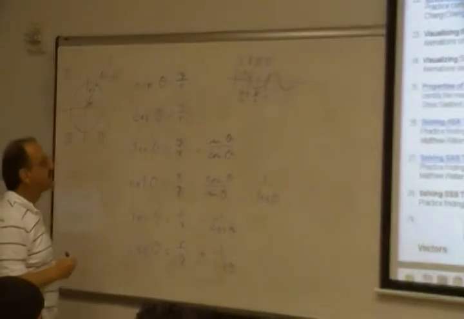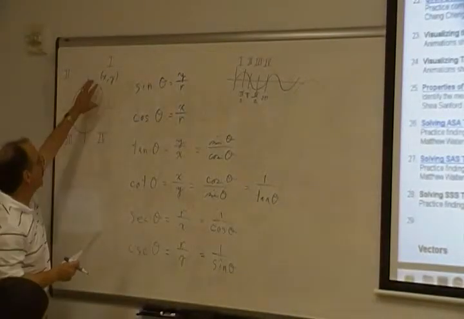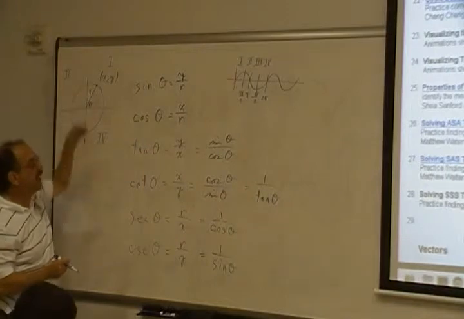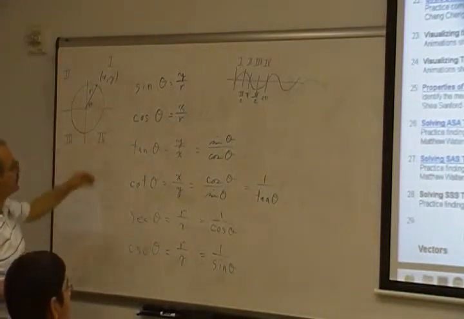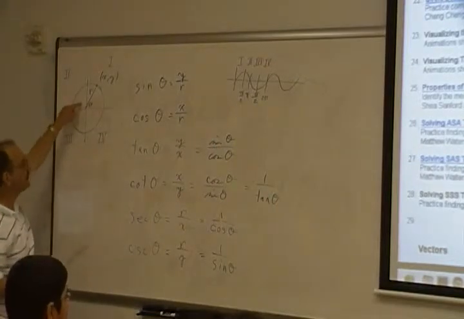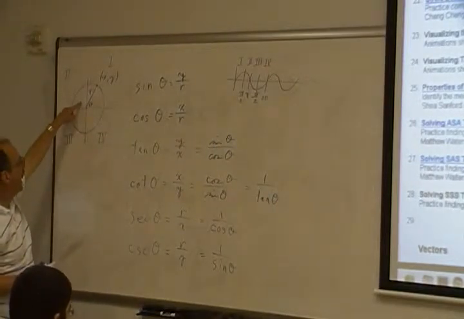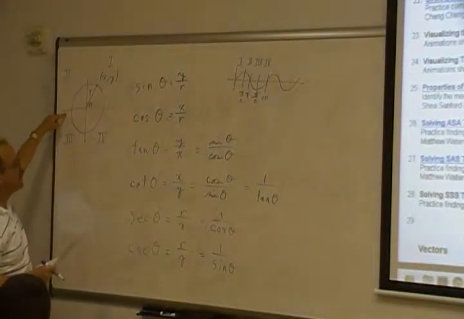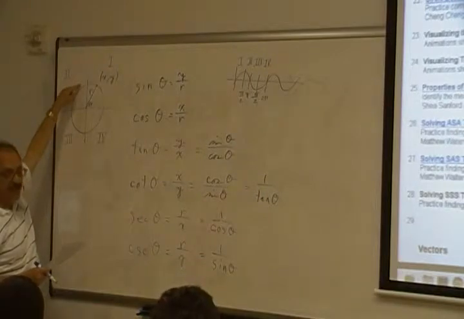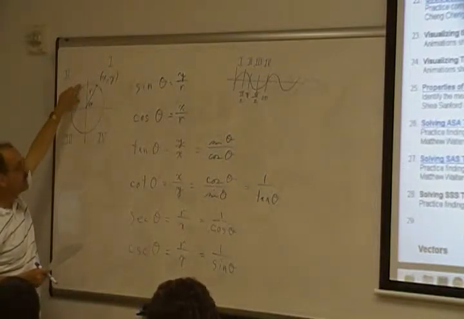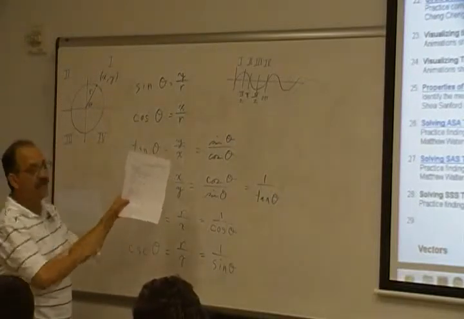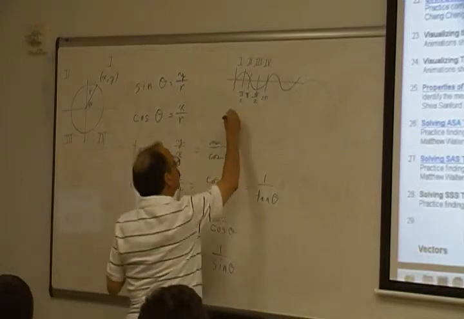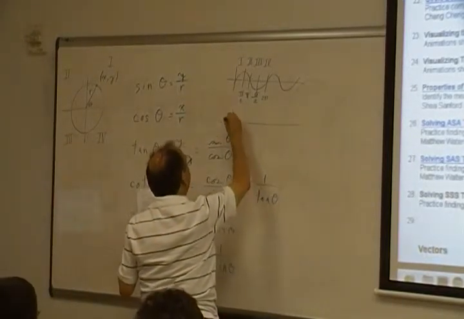Right? And so in the first quadrant, x and y are positive. So the sine and the cosine are positive. In the second quadrant, x is negative, so the cosine is negative, the y is positive, and so the sine is positive. And so you just go down through the table. I should draw here the corresponding graph of cosine.